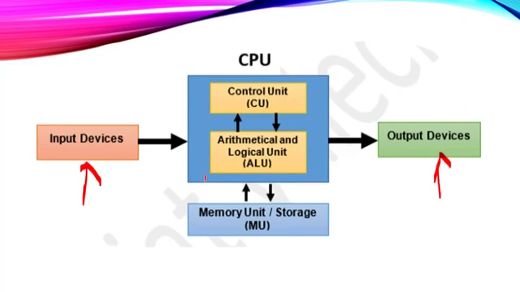Now inside the CPU we have two functional units, termed as CU and ALU. In this video we will discuss the CU and ALU in detail. When the CU and ALU work on the data, after calculating the result, that result is sometimes stored in our computer's storage. For that, the storage unit or memory unit is generally used.